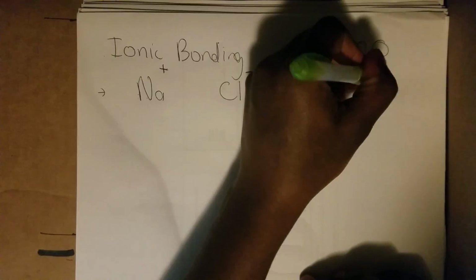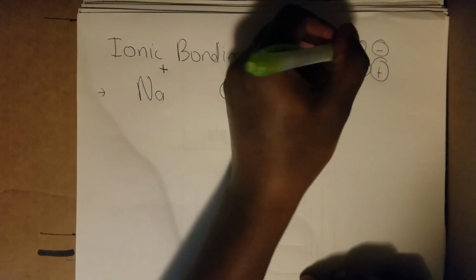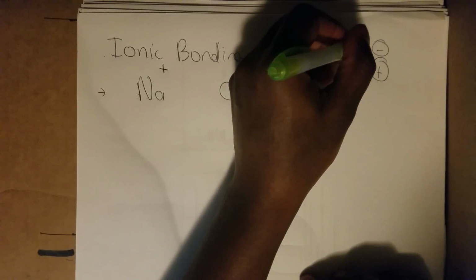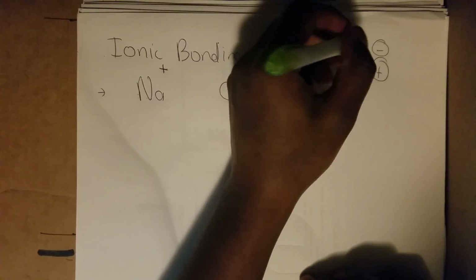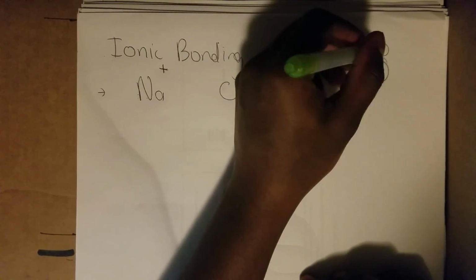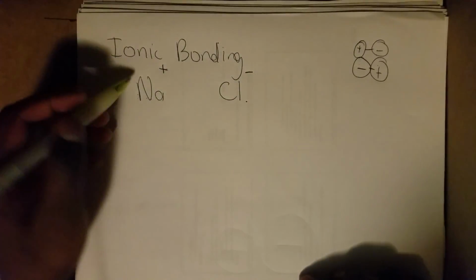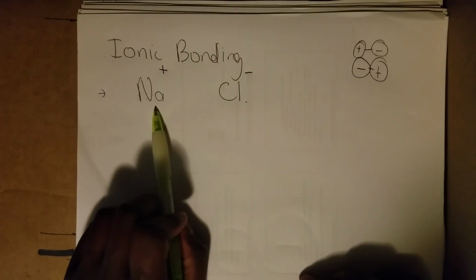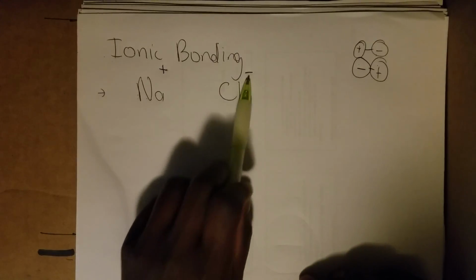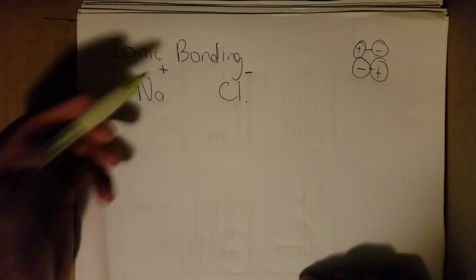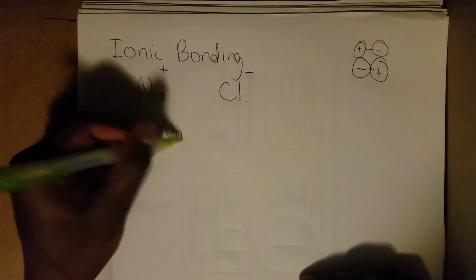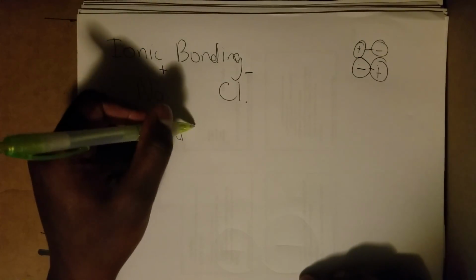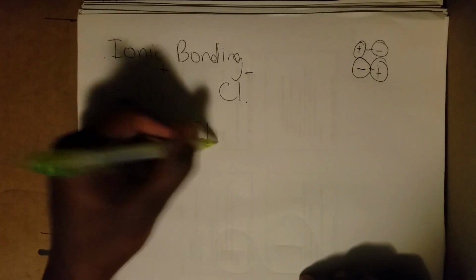So you have negative, positive, negative, positive. They all attach themselves positive, negatively. So they could only stay together if the charges cancel out. Here charges cancel out. So it takes one sodium atom to one chlorine atom. So the answer is the charges neutralize themselves. So you get NaCl.